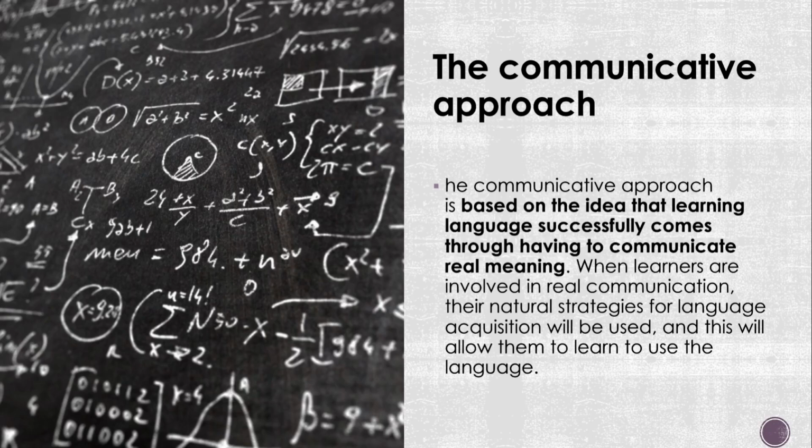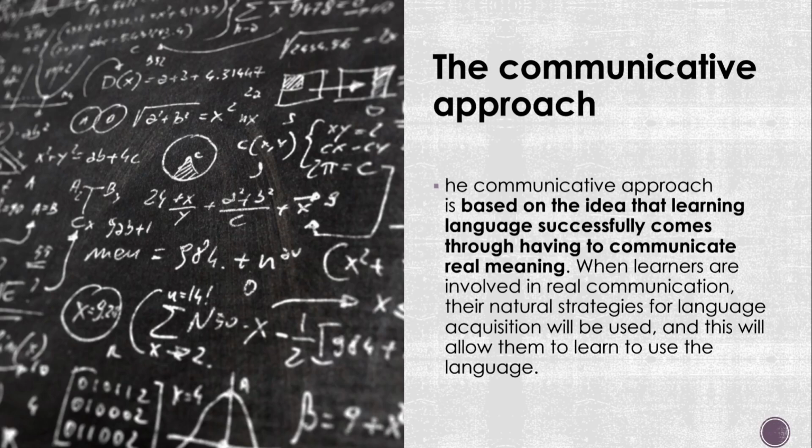So, the communicative approach is based on the idea that learning language successfully comes through having to communicate real meaning. When learners are involved in real communication, their natural strategies for language acquisition will be used, and this will allow them to learn to use the language.